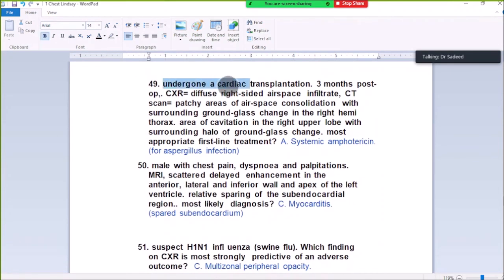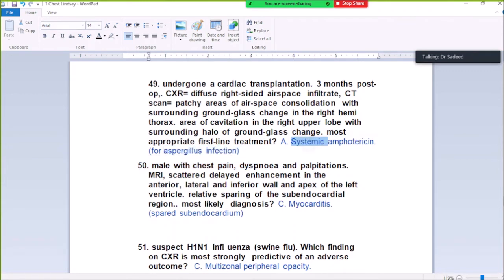Question 49. Undergone a cardiac transplantation. Three months post-op, chest X-ray shows diffuse right-sided airspace infiltrates. CT scan shows patchy areas of airspace consolidation in the right hemithorax, with an area of cavitation in the right upper lobe with surrounding halo of ground glass change. What is the appropriate first-line treatment? Systemic amphotericin, because it is for aspergillus infection.